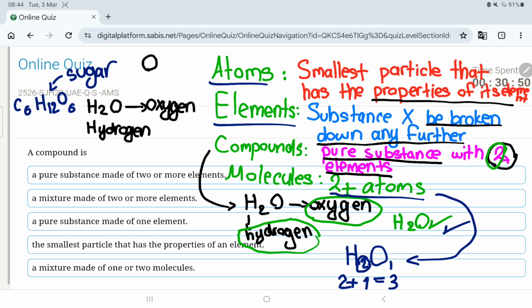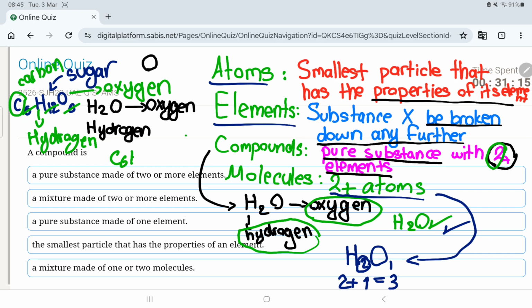So I ignore the numbers. How many elements do I have? I have 3. Carbon, hydrogen, and oxygen. So, do I have 2 or more elements? Yes, you do. You have 3, right?